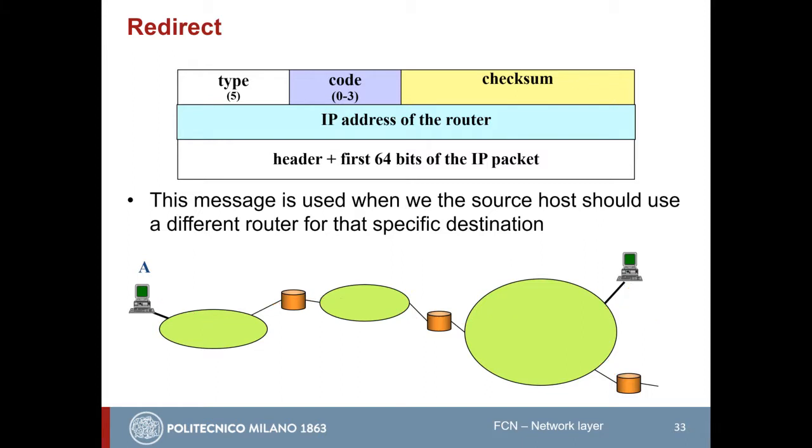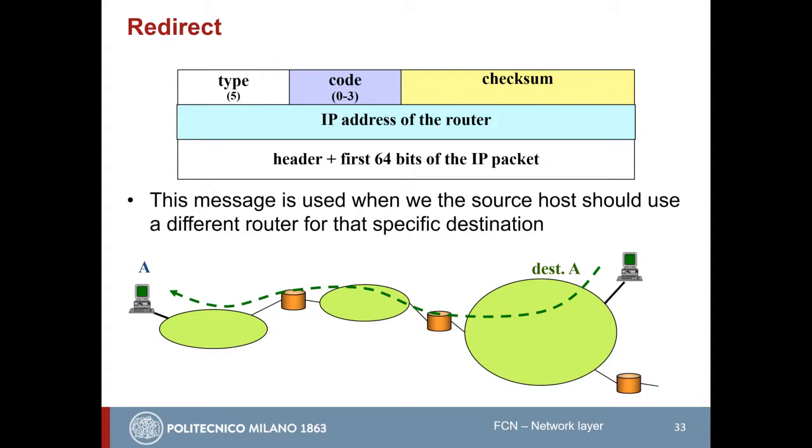So this router will generate a redirect ICMP message to the source. In the redirect message, there is an indication of what is the next hop router to use to that specific destination. So then, if this source will have to send other packets to the destination, the packets will be sent directly to that router and not to the gateway.